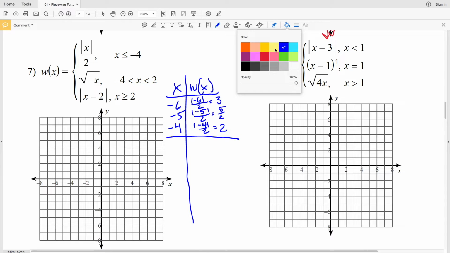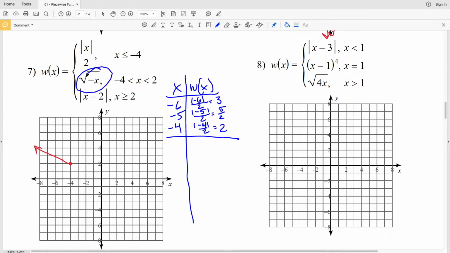So graphing each of those, negative 6, 3, negative 5, 5 halves, so that's 2 and a half, and then negative 4, 2, and remember this is filled in because it's a part of the interval. I'm going to draw my line.